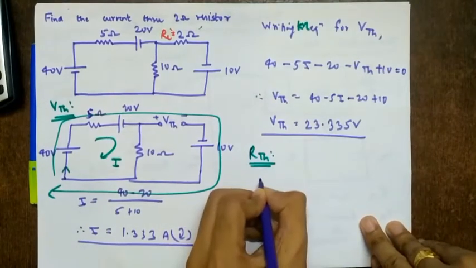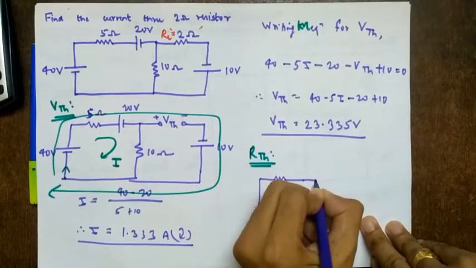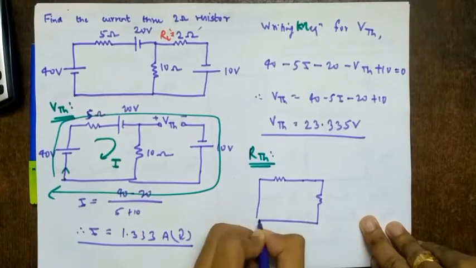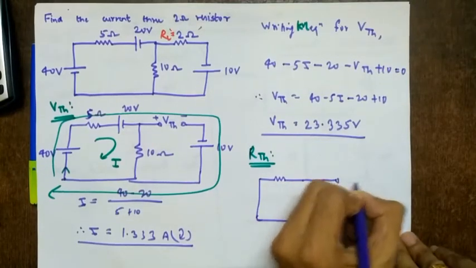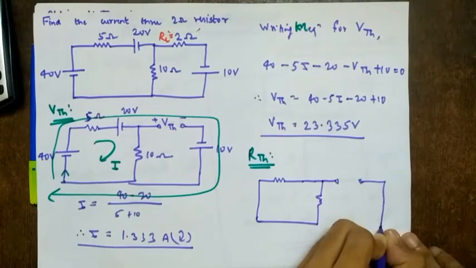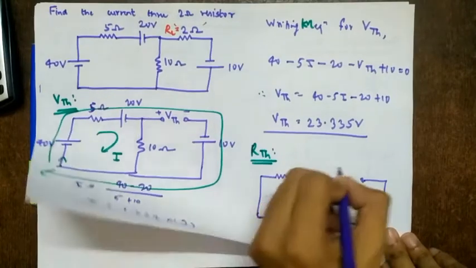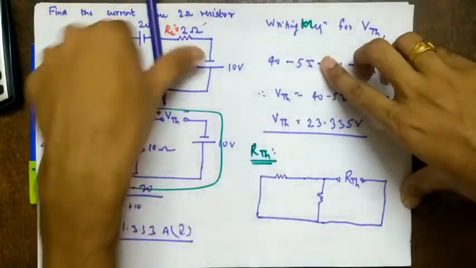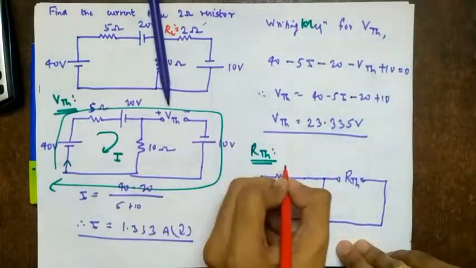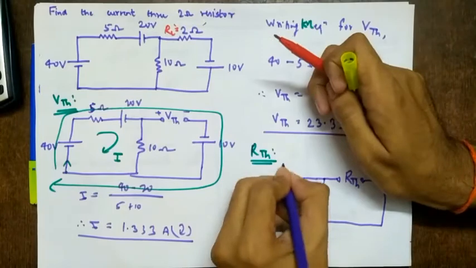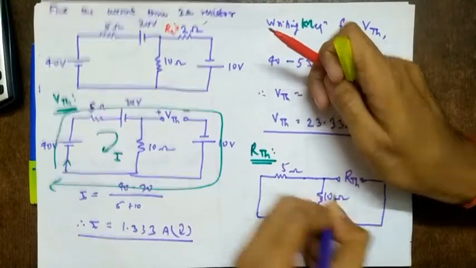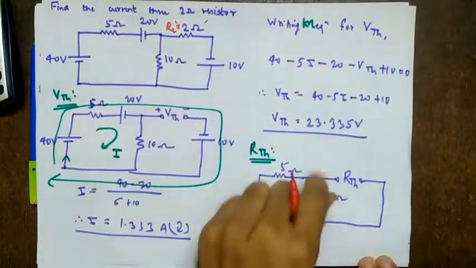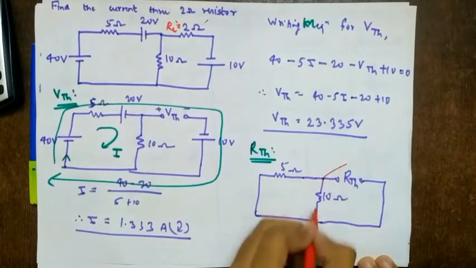So this is shorted, 40 volts is shorted, this is shorted, this is 10 ohms, this is where we find the RTH. So this is my RTH, right? So what we see, let me use a red pen. So values are 5 ohms and 10 ohms. So if you see, it is nothing but the resistance at these 2 points.